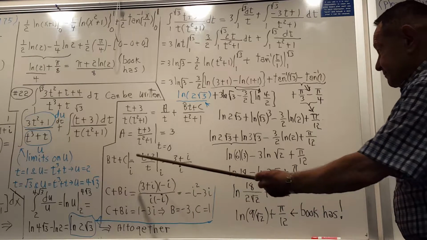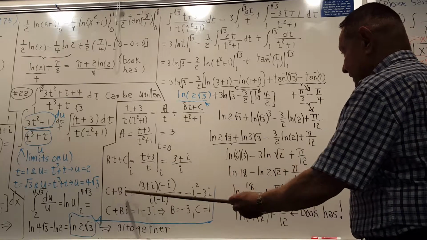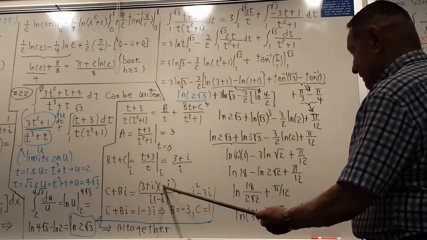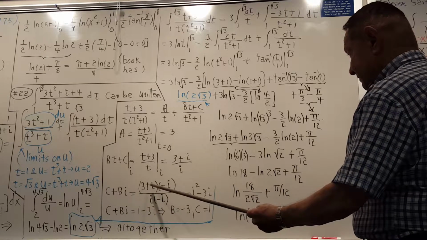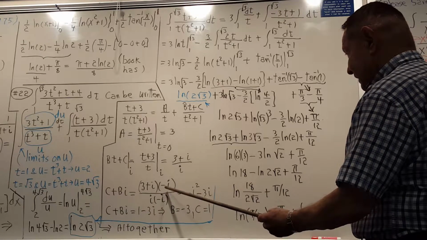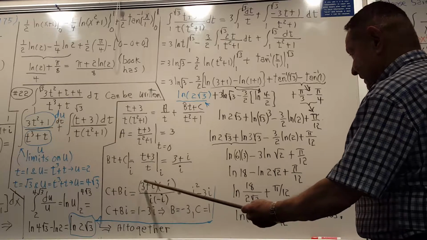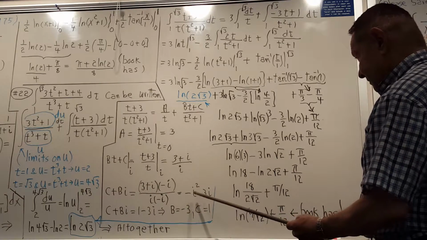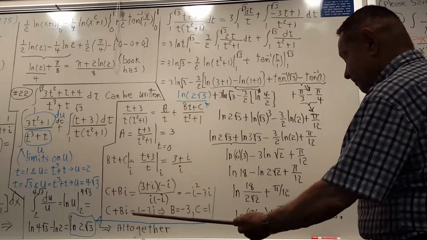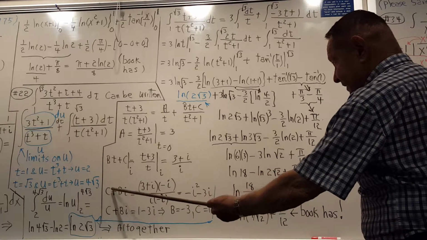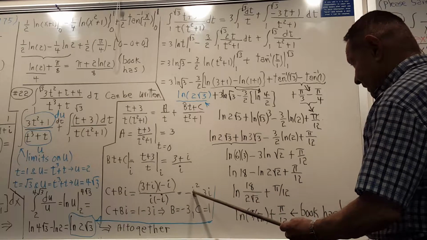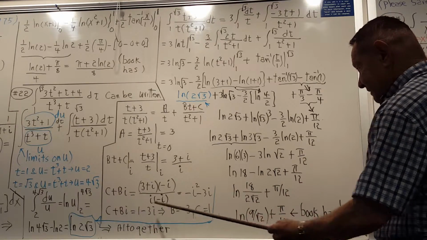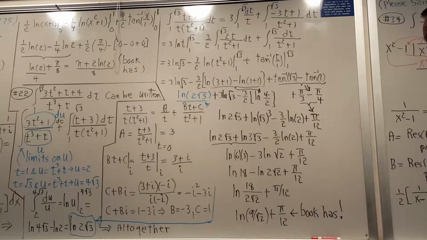So your c plus bi will be this numerator times minus i, which will be minus i squared and minus 3i. So this is 1 minus 3i. So c plus bi is 1 minus 3i. So c is 1 and b is minus 3.